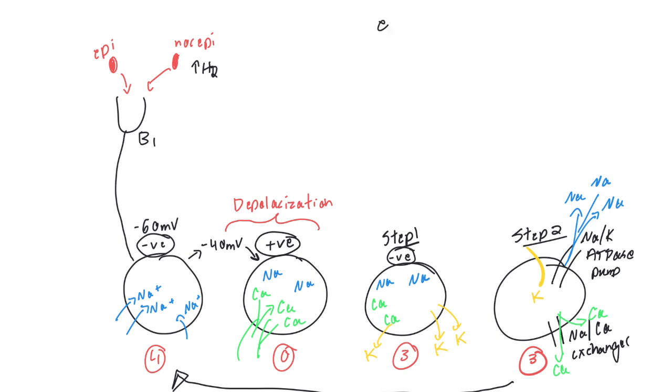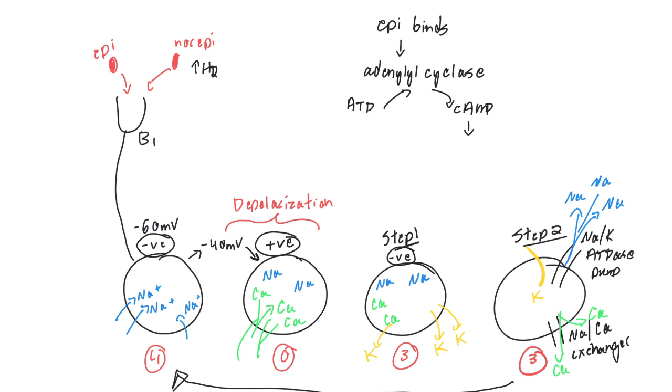Well, when epinephrine binds, I'll just use epinephrine as an example, could be either epi or norepi. When epinephrine binds, what happens is you get the activation of an enzyme in the cell called adenylyl cyclase. And adenylyl cyclase turns ATP into something called cyclic AMP.